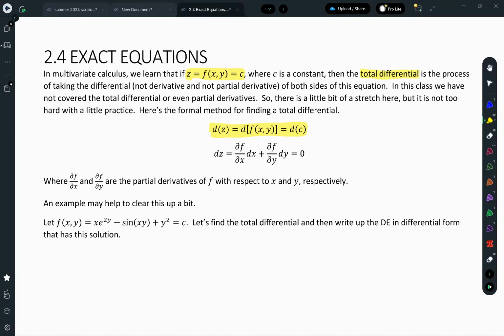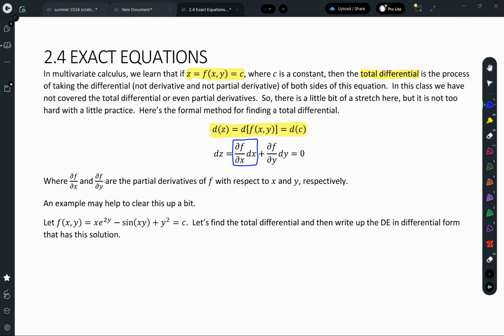So when we take this total differential, as little d is running through the f of x,y with regards to the variable x, what we're going to get is this first term. And this first term is the partial derivative of f with respect to x, and then times a dx.